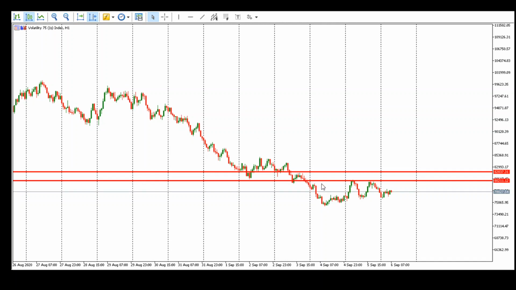Remember, if you are buying now, at least your stop loss should be below this level. But if you put your stop loss here, remember that they have not yet come to test the low of yesterday. So maybe they will come to test it and then start going up.